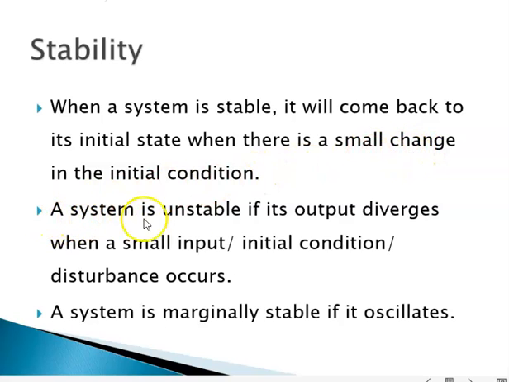On the other hand, we say a system is unstable if its output diverges when a small disturbance occurs. When a system is marginally stable, it is on the borderline of stability and instability. The output oscillates continuously when there is a small disturbance.